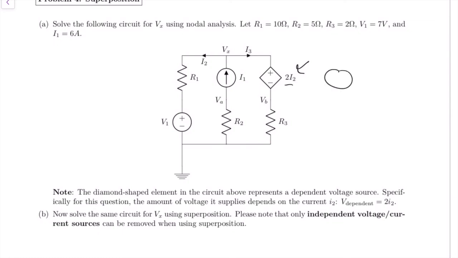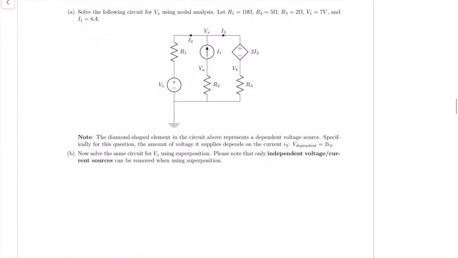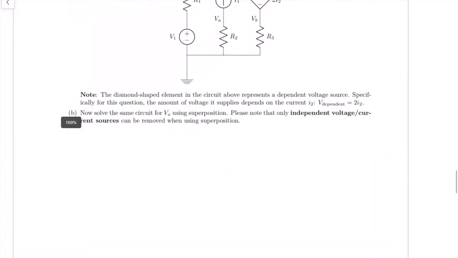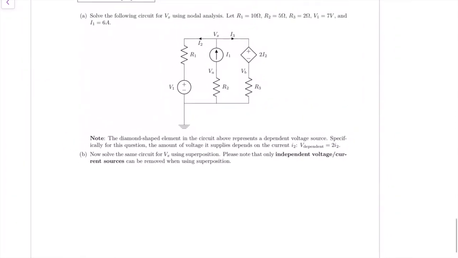So this is kind of just like a regular voltage source, where the V is equal to 2 times this current I2, always. And so basically there's no predetermined value. It depends on how you use it. Okay, other than that, we can basically just treat these as normal circuit elements. So yeah, let's get into it.